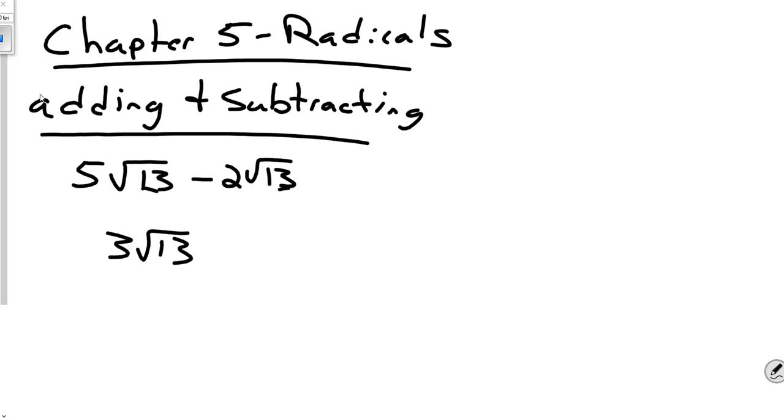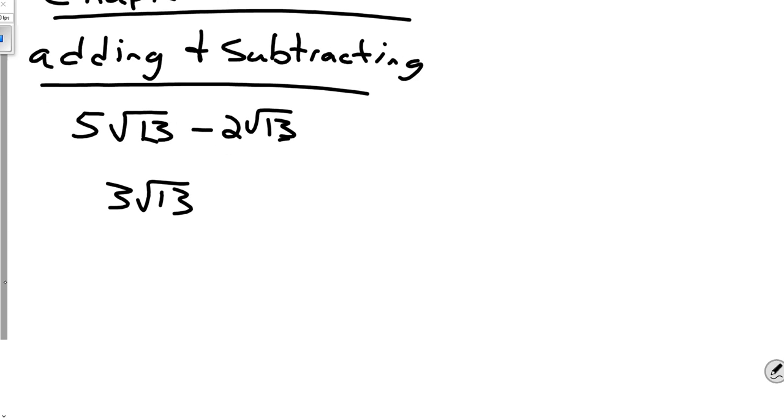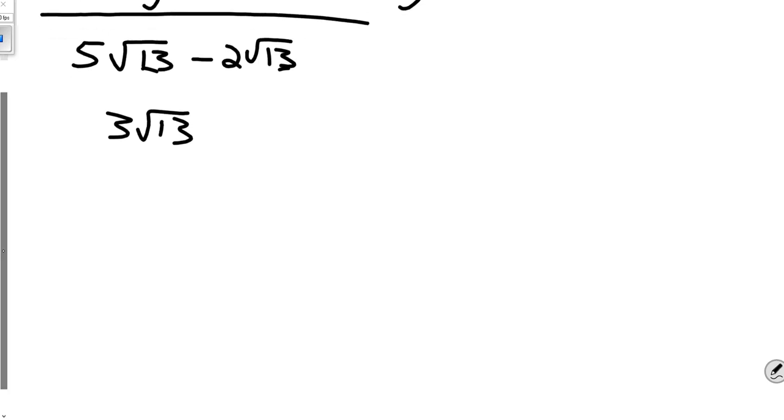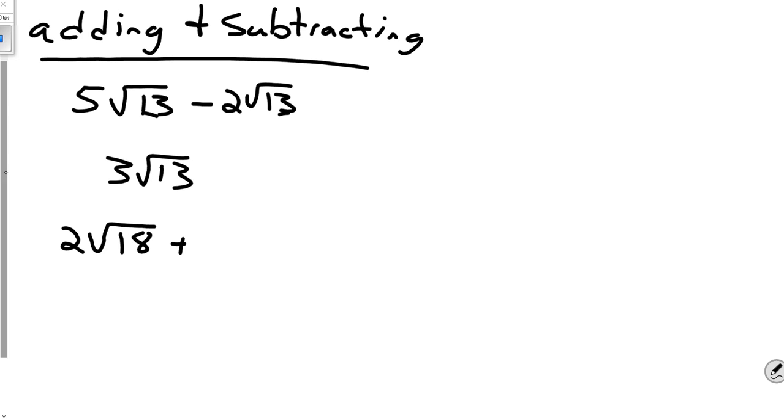Let's do a bit of a harder one for you guys to see that. Let's say it's something like this now. 2 root 18 plus 9 root 7 minus root 63.